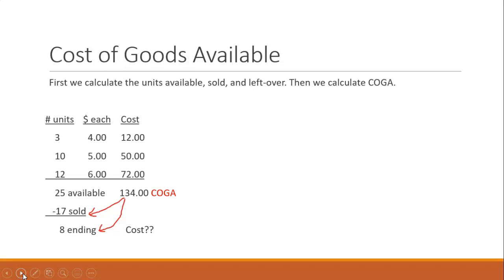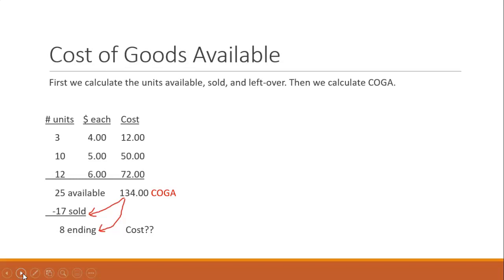We then purchased 10 more units at $5 a piece, so that was $50, and we purchased 12 units at $6 a piece, so that's $72. We add up the 12, the 50, and the 72, and we have a total cost of goods available of $134.